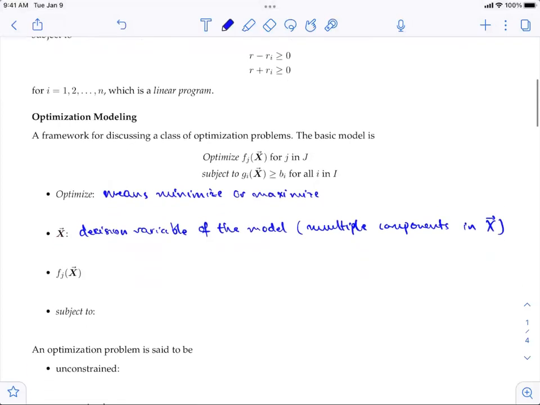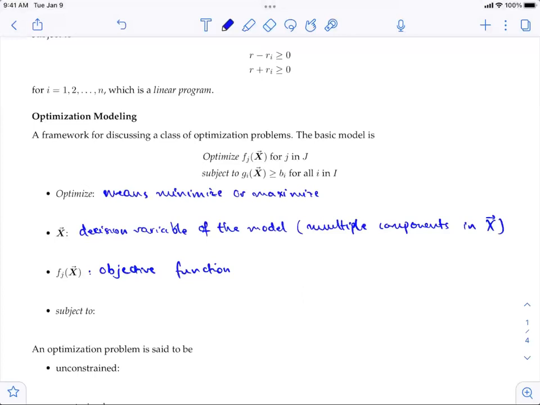All right, and the function f sub j of x means the objective function. Now, this objective function depends on the problem that you're working with. So, for example, you want to maximize the profit of some company when they try to produce a certain product. So this is the objective function.